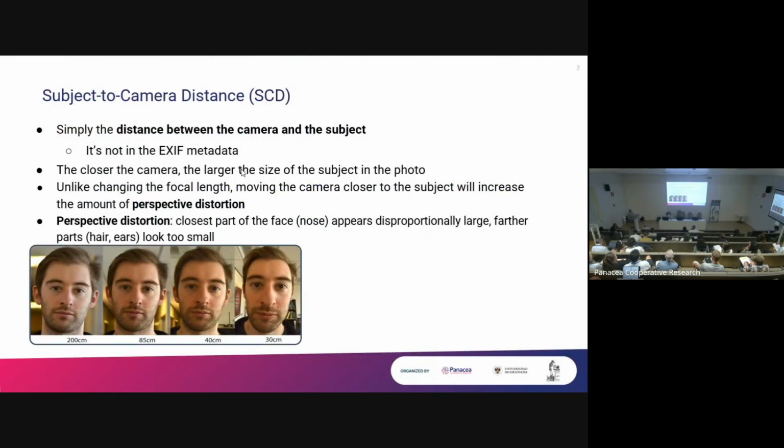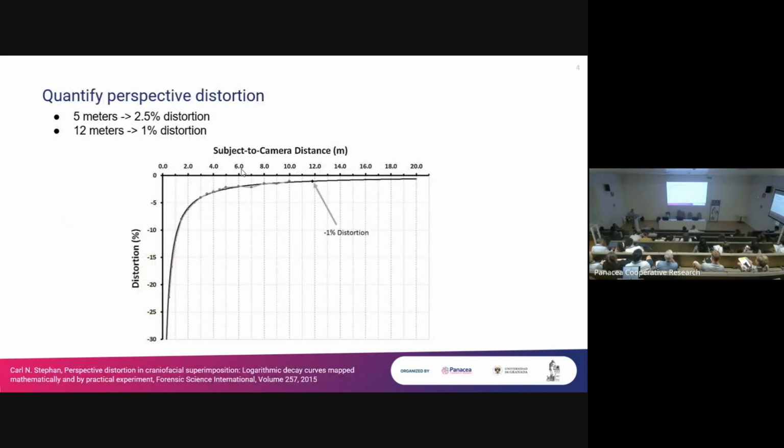Maybe I can skip this because Sean already introduced it. We saw that the effect of the distance between the camera and the subject in pictures is called perspective distortion, and in short, it changes the appearance of the human face. Especially when you get closer to the camera, you see effects such as your nose getting bigger and your ears disappearing.